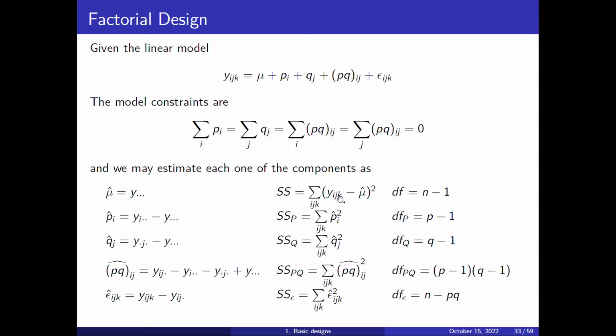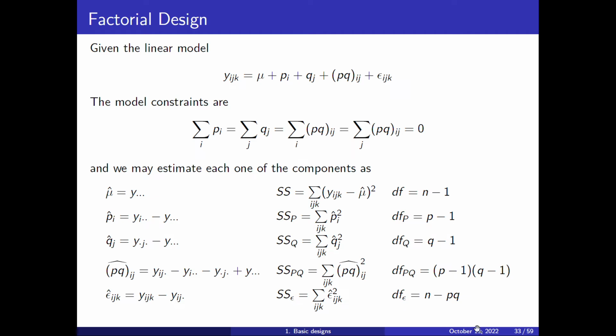And we can make the same sum of squares decomposition. So we will have the total sum of squares with n minus 1 degrees of freedom, the part that is explained by the first factor, the part that is explained by the second factor, and the interaction of the two. The degrees of freedom are p minus 1, q minus 1, where p and q are the number of levels in the first and the second factor, and the degrees of freedom for the residuals is whatever is left.